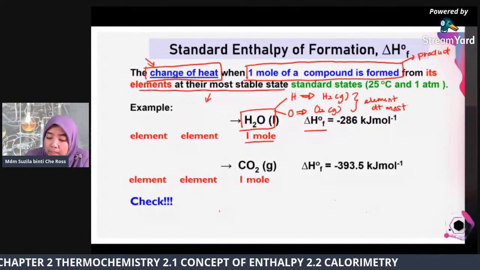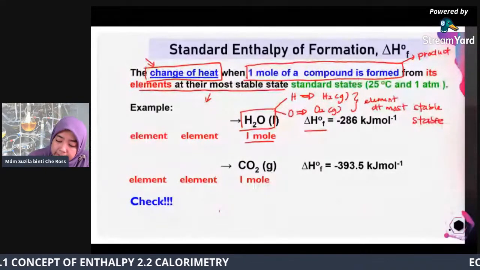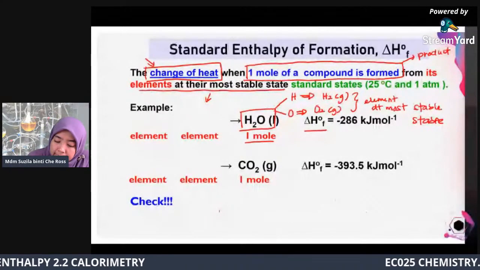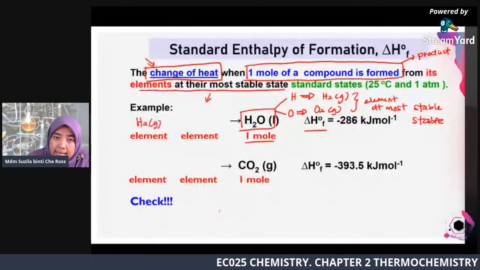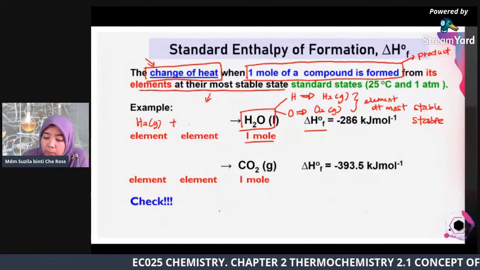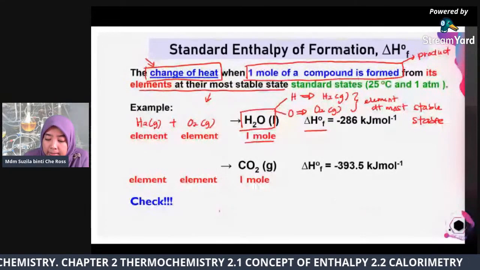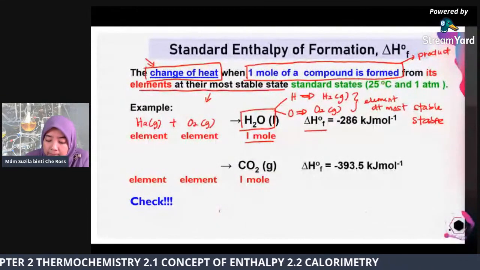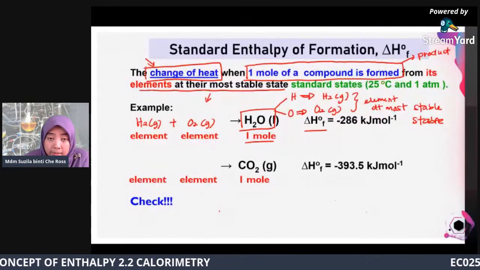So for formation of H2O, we can write like this. H2 gas plus O2 gas to produce 1 mole H2O. Okay, so be alert. Once you have set up like this, you need to check whether the equation balance or not.